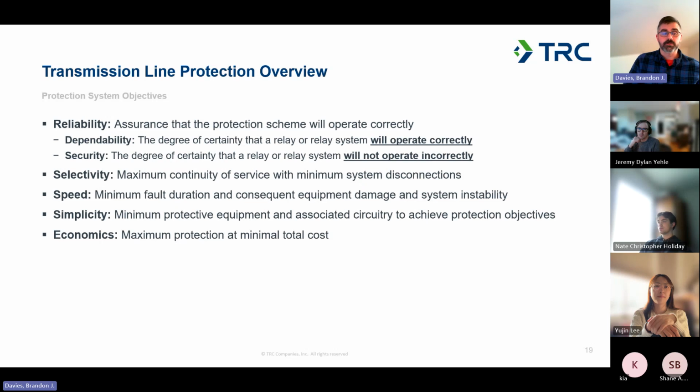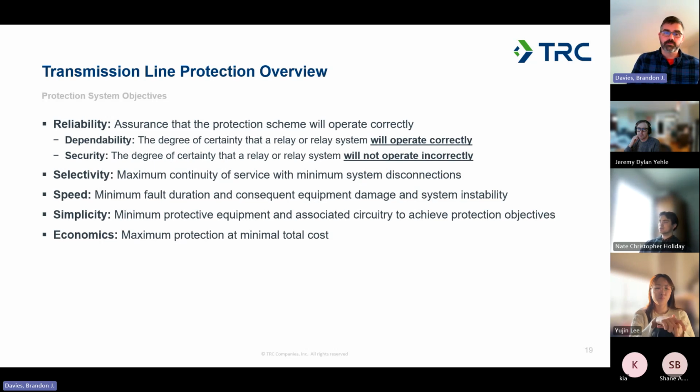At first glance, you might think those are the same thing, but security is more focused on cases where there's a fault somewhere else in the system, or a non-fault load condition, or some other scenario that is not a fault the relay was designed to operate for, and the relay doesn't operate for that case.